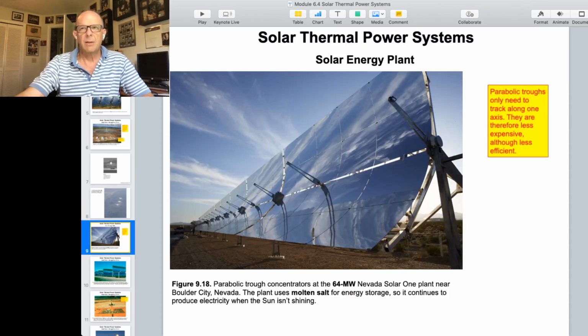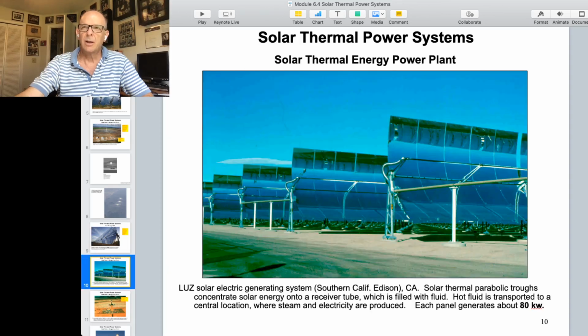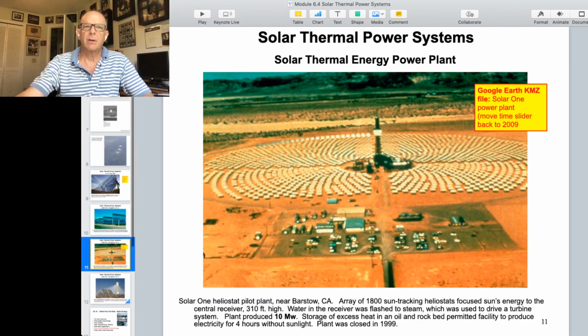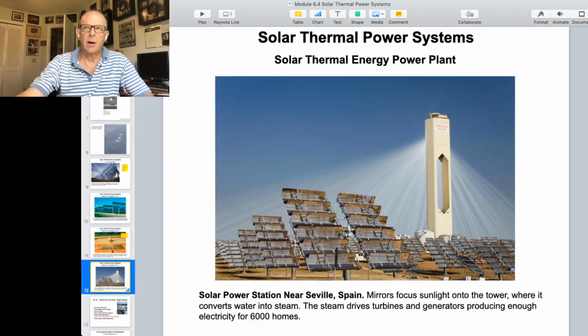And so the characteristic of all of these plants, all of these facilities that I'm showing you here, is that they concentrate sunlight onto a fluid, superheat that fluid. You use that fluid either to transport it over to steam or to directly drive a piston, and you make a turbine spin and generate electricity the same way you do in a fossil fuel power plant.